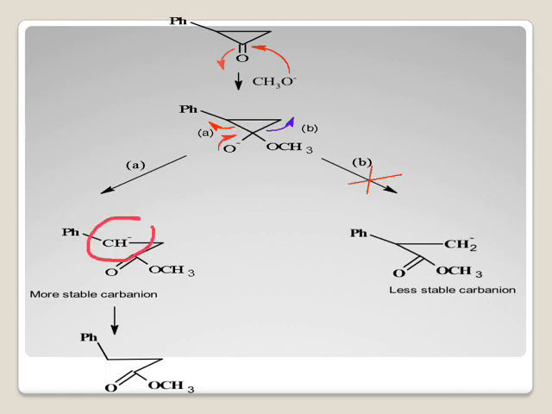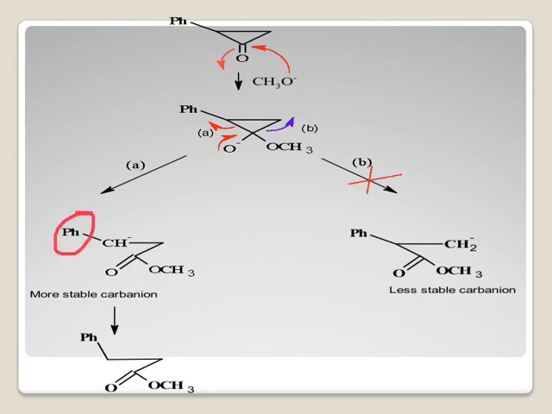Now this carbanion is more stable because it is a benzylic carbanion, and this is a primary carbanion, which is less stable. When we study the order of stability of carbanions, then generally primary carbanions are more stable, but when we compare with benzylic carbanion, then that is still further more stable than the primary carbanion, because there is a phenyl group which has got electron withdrawing effect.